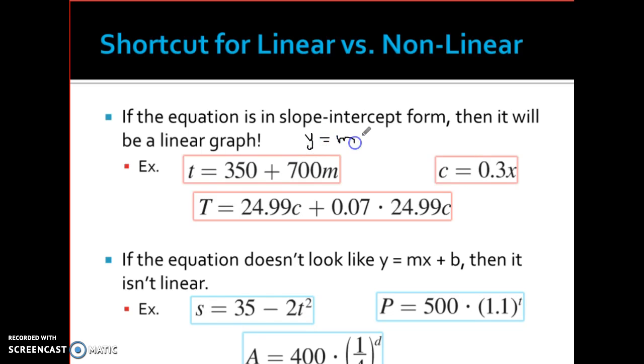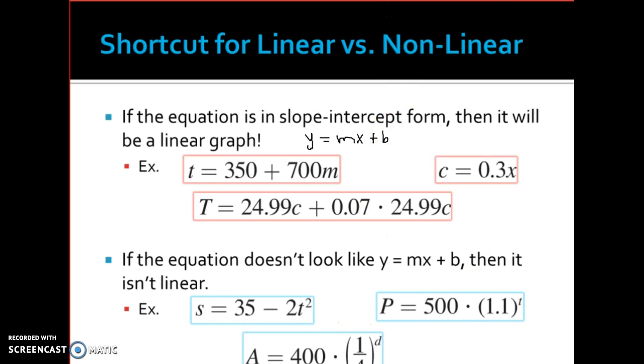Slope-intercept form is something times x plus or minus a value. So each of these equations are showing slope-intercept form relationships. They're all linear. Even though this one looks like it has a little bit more, you could multiply 0.07 times 2499, and it would still look like slope-intercept form of an equation.